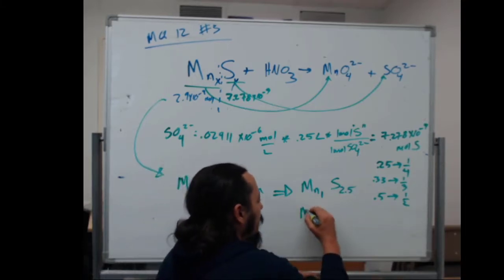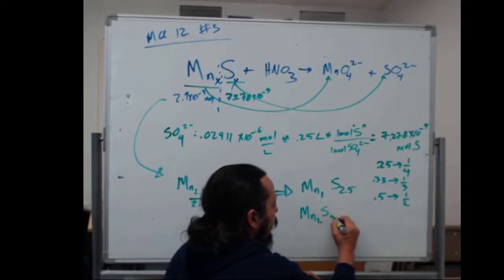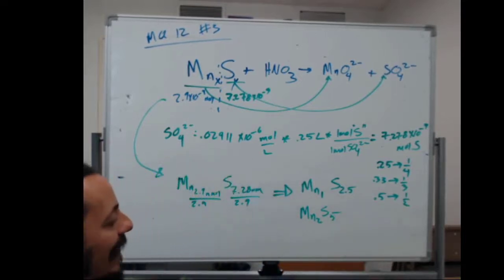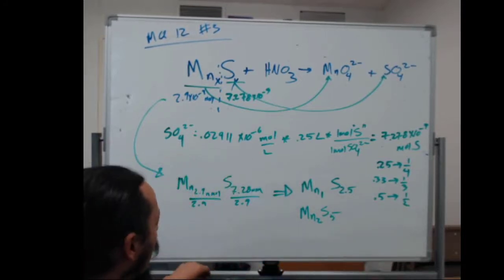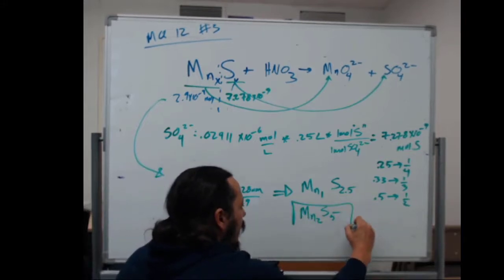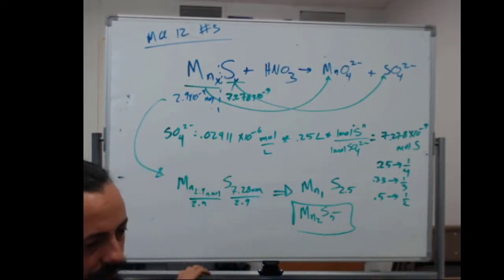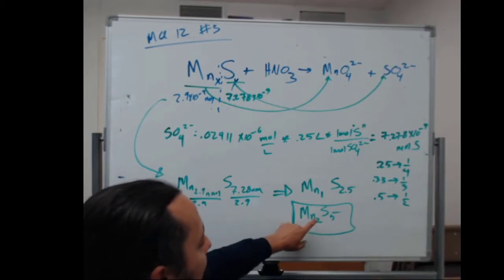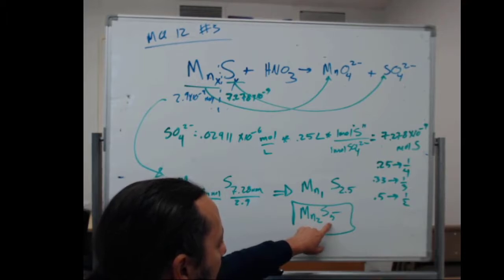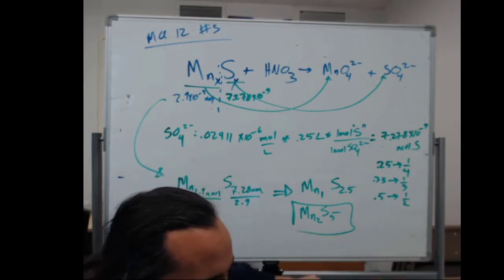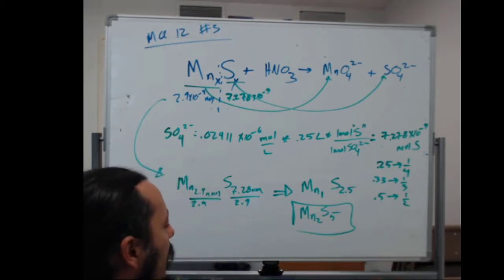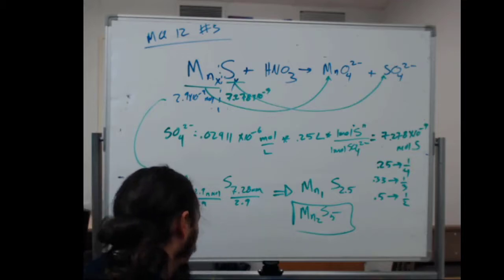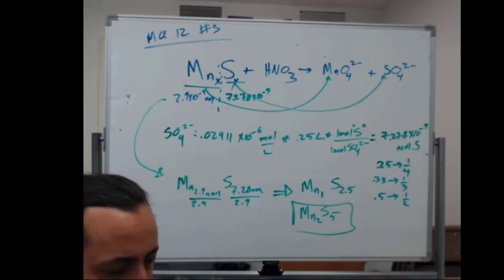Obviously, if I double it, I'm going to get Mn2S5. And this is going to be our empirical formula. So from the empirical formula, we can figure out the oxidation state on manganese, assuming that sulfur is a -2. And then we can look up this manganese, or we can name the compound as well.